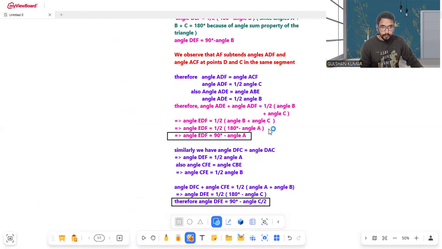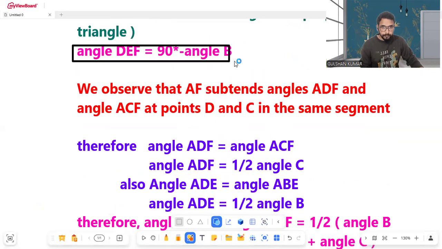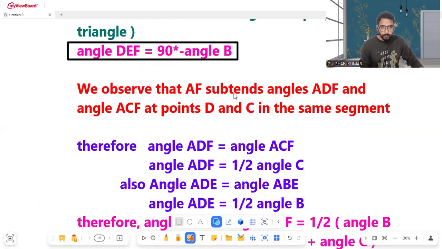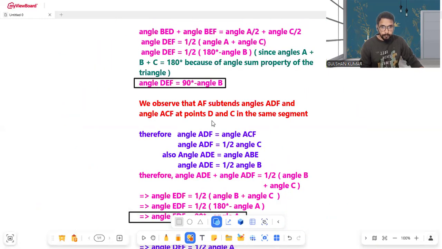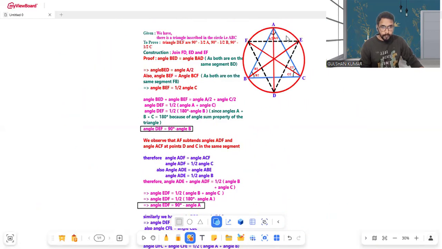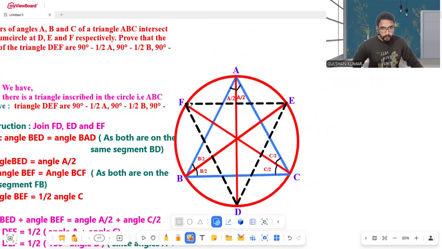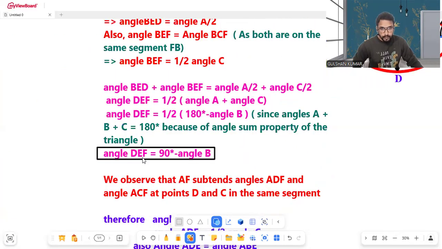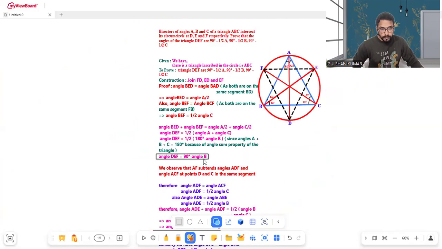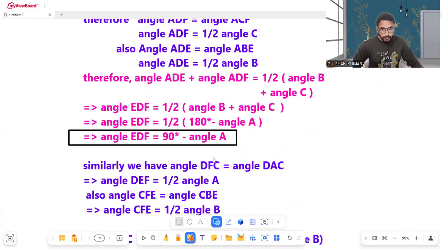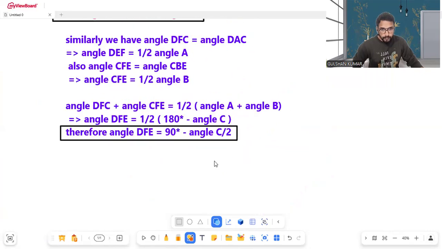And also this one. So basically, what is happening here is that in this triangle DEF, the angles are 90 degrees minus B by 2, 90 degrees minus A by 2, and 90 degrees minus C by 2. Okay.